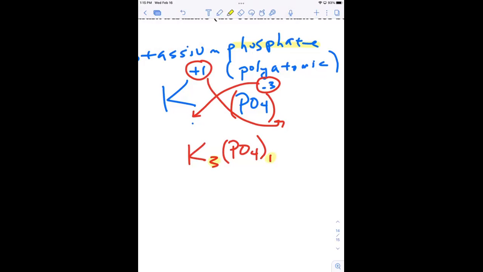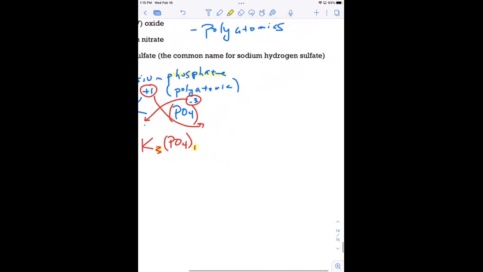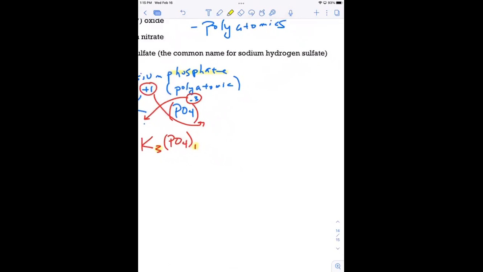But what this is saying is that for potassium phosphate, this is what the phosphate ion looks like. It's here. Got 3 negatively charged oxygens on it, with 3 lone pairs. Each one has 3 lone pairs. So there are 3 positively charged potassium ions to neutralize that, right?